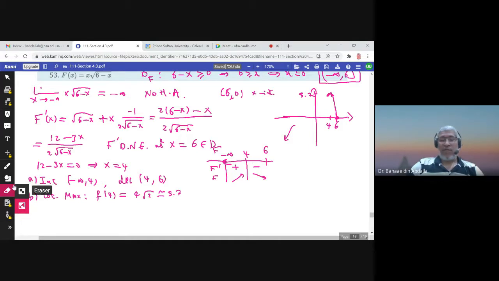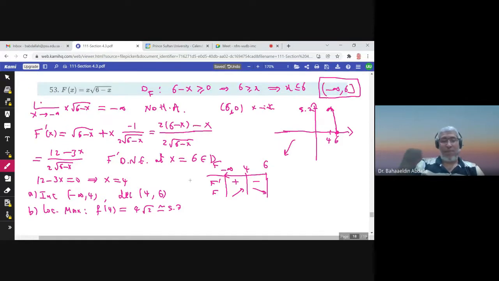So we have just 6. Let me even cancel this and make it up to 6 only. So it's increasing from negative infinity to 4, and decreasing from 4 to 6. That's excellent. And I have a local maximum. So up to now, everything's fine.